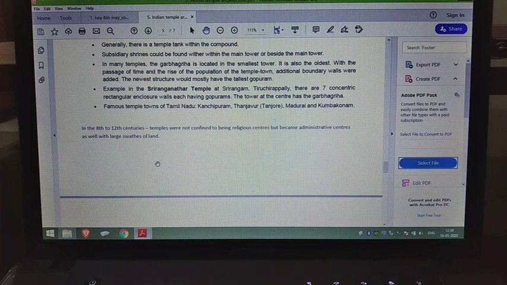Construction became stepped. ठीक? बाउंड्री वॉल्स आ गए, गोपुरम आ गया, and then statues of other deities या फिर नंदी और some animals as well. That's it as far as you need to know as far as Indian temple architecture goes. आगे हम जितनी भी चीज़ें करेंगे, the discussion we do will revolve around these 3 sub-categories.